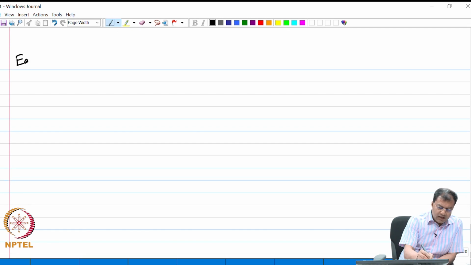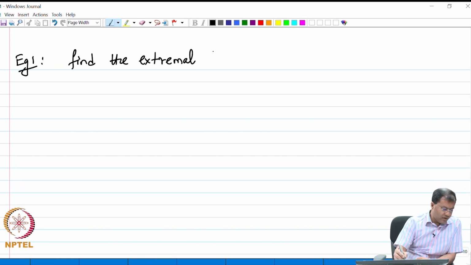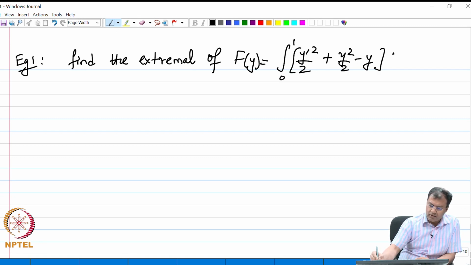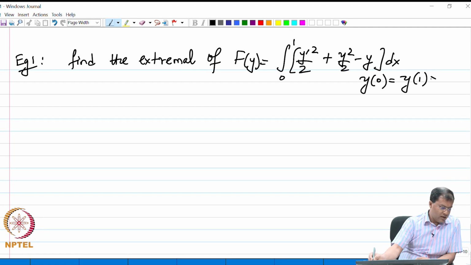The example says, find the extremal of f of y. We look at the same functional, the integral of y prime square by 2 plus y square by 2 minus y, dx, with y of 0 equal to y of 1 equal to 0.